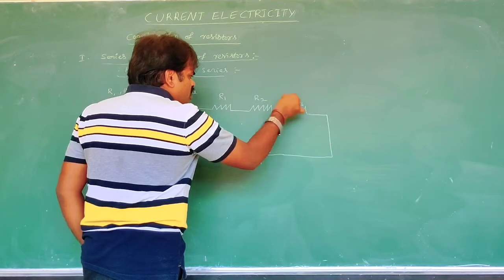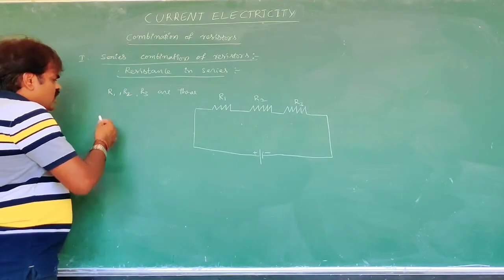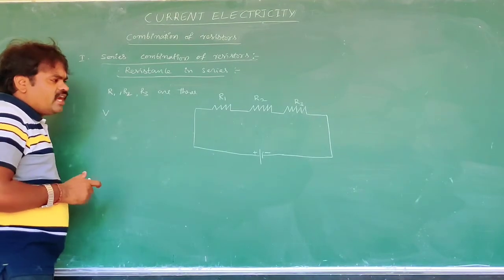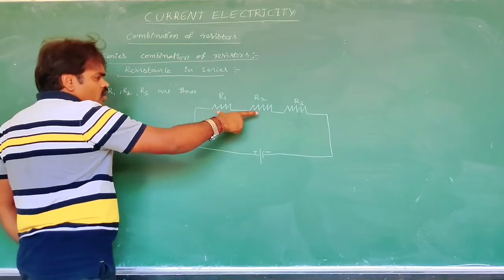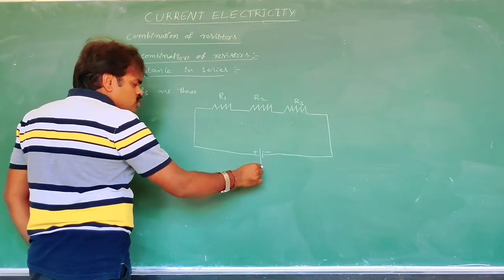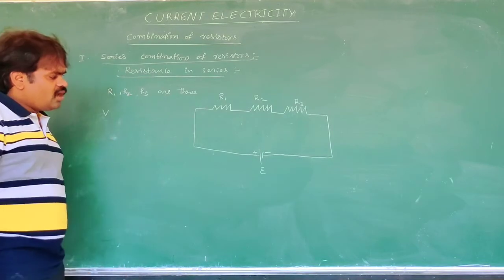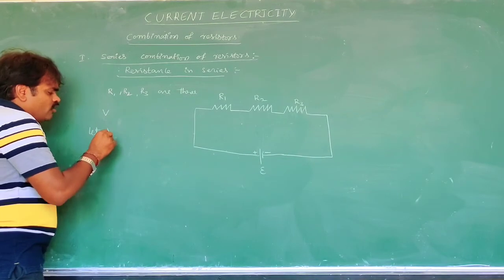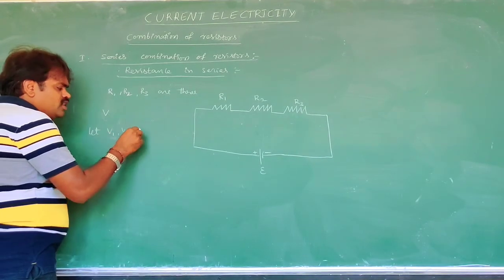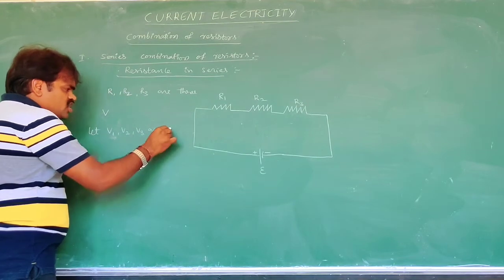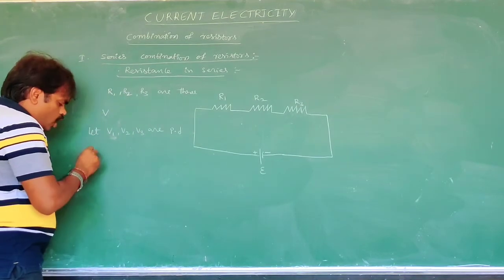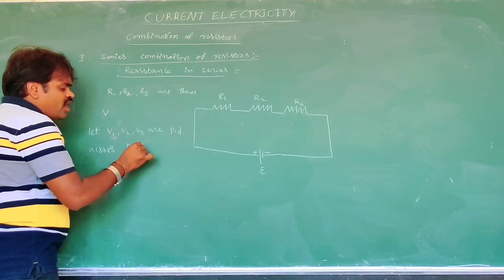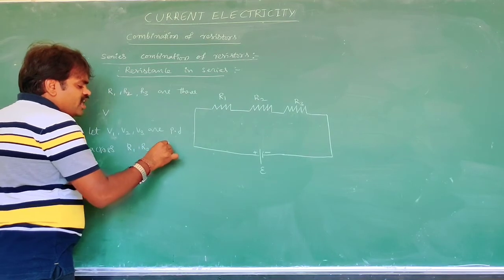R1, R2, R3. Here, a potential V is applied across the combination of the resistors by using a battery E of EMF epsilon. Let V1, V2, V3 be the potential differences across the resistors R1, R2, R3 respectively.